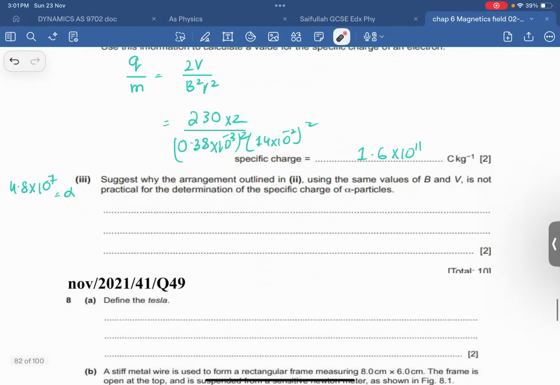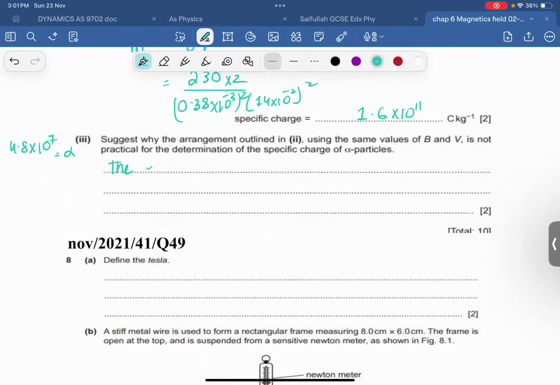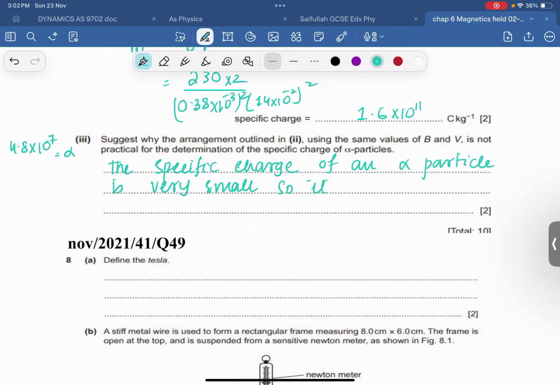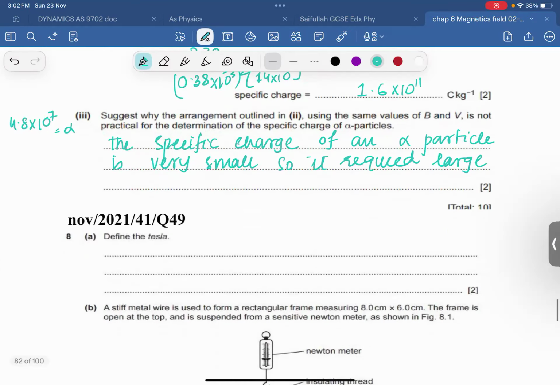So we can say that the specific charge of an alpha particle is very small, so it requires a large distance or large radius.